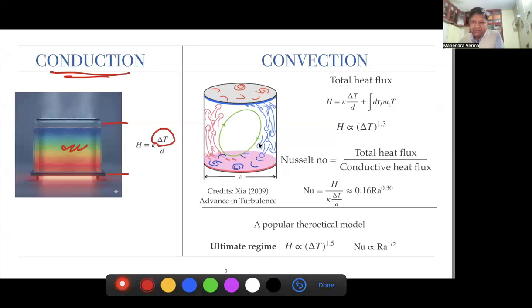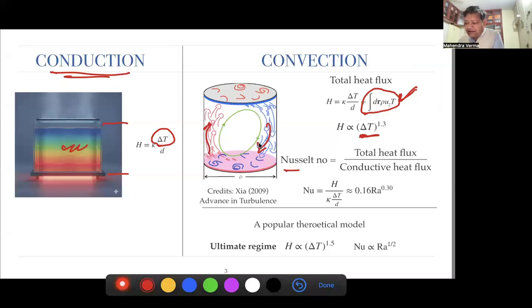However, when the temperature difference becomes large, the heat transport also gets a contribution from the velocity field, the fluid velocity field, hydrodynamic velocity. And for large delta T, what dominates is the convective part. As a result, the heat transport is enhanced and goes as delta T to the power 1.3.